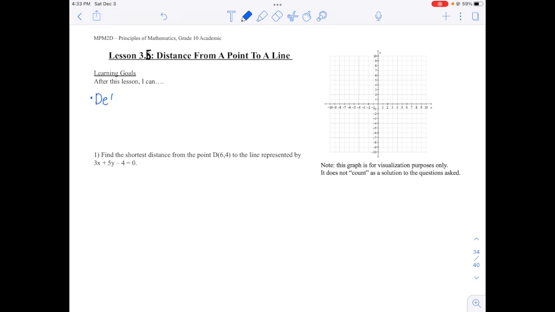After this lesson, you should be able to determine the exact distance from a point to a line, as the title of the lesson suggests. So what exactly does that mean?